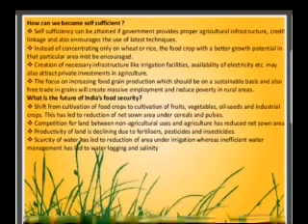What is the future of India's food security? Shift from cultivation of food crops to cultivation of fruit, vegetable, oil seeds, and industrial crops. This has led to reduction of net sown area under cereals and pulses.